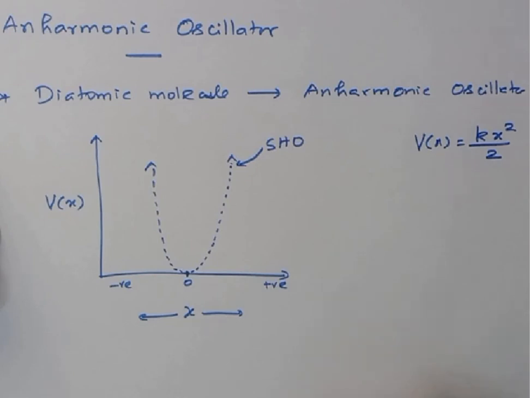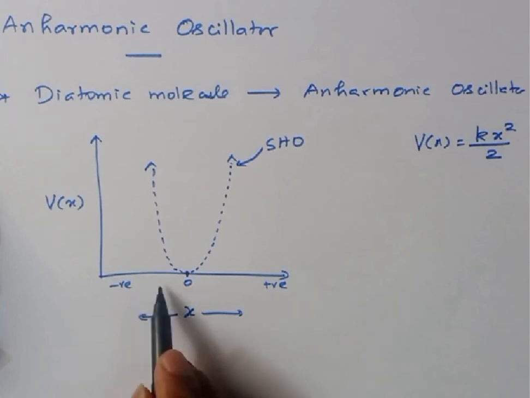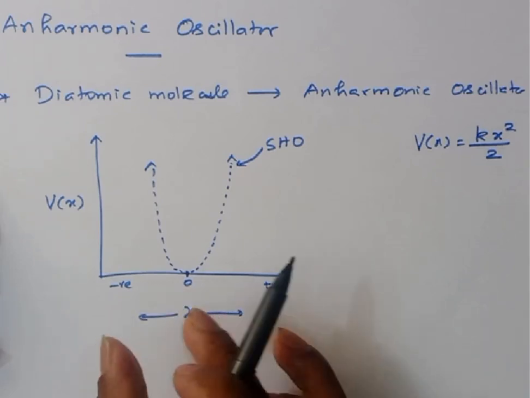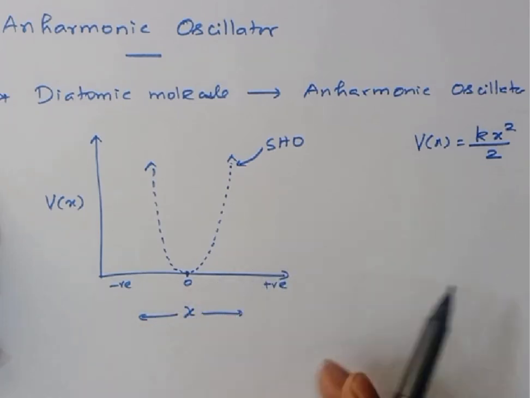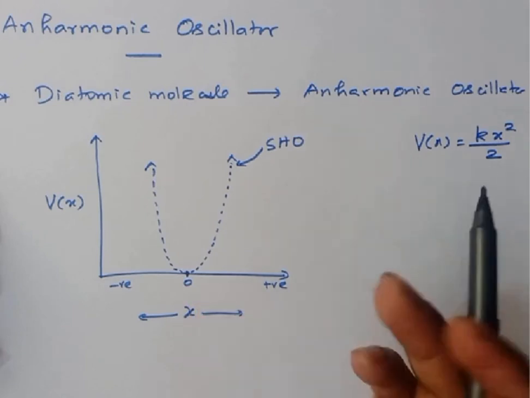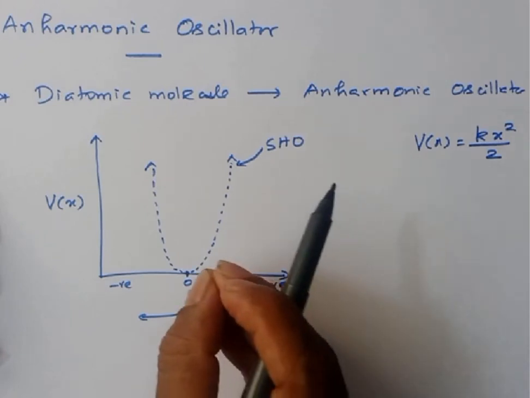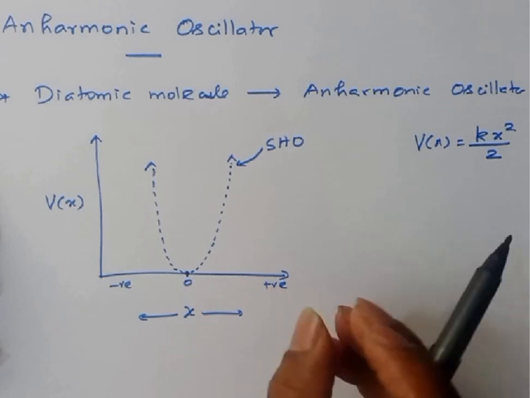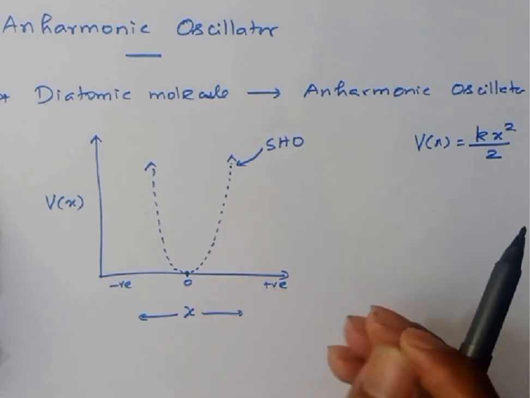But what actually happens in the case of a real molecule? x negative means compression, x positive means elongation. Elongation is also called stretching. If you stretch the molecule continuously, what will happen?